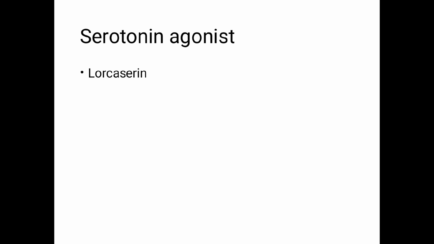These receptors activate pro-opiomelanocortin, which in turn activates melanocortin, and melanocortin helps in the decrease in appetite. Some of the adverse effects of this drug include nausea, headache, dry mouth, dizziness, and constipation, etc.